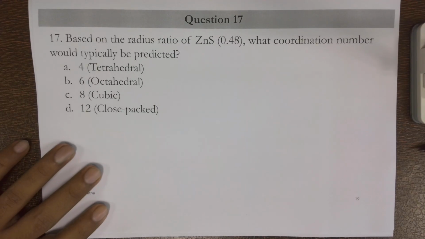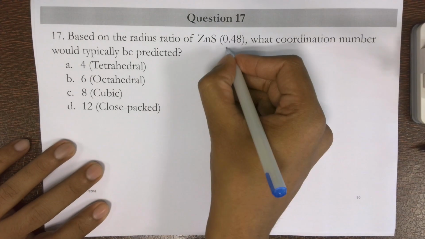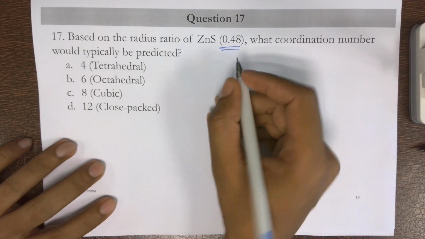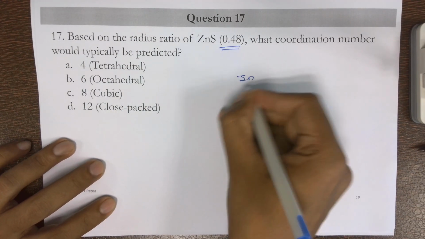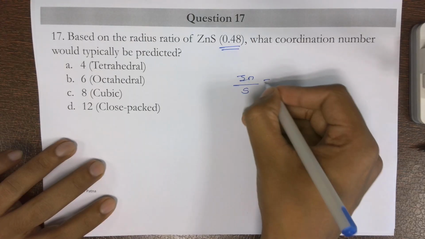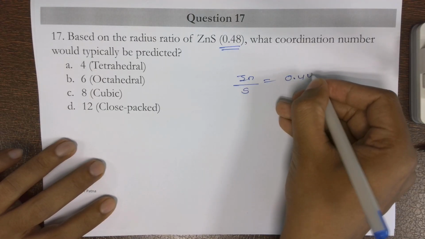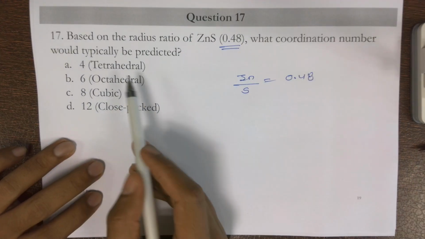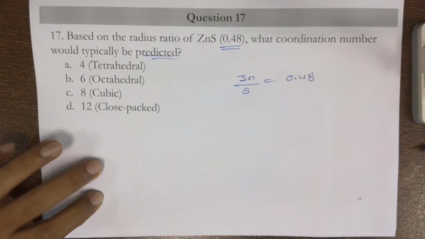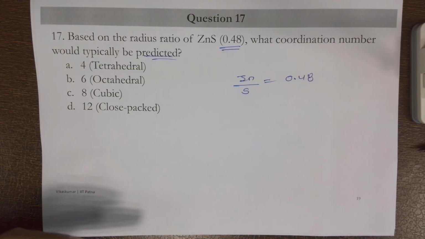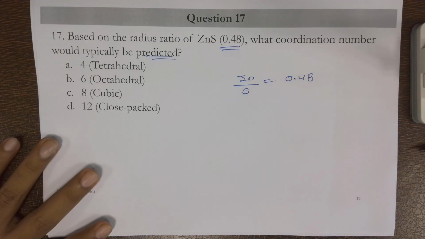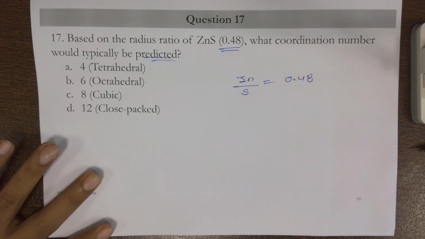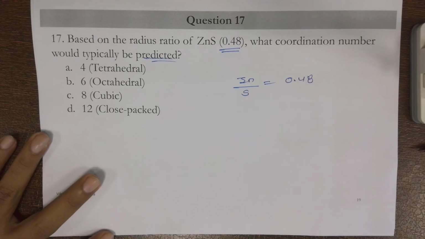Okay, so this is our question. We have the radius ratio of the cation and anion, Zn and sulfur, and the ratio is 0.48. What will be the predicted coordination? That is the question to us, and we can easily solve this with the help of the radius ratio values that we have learned.